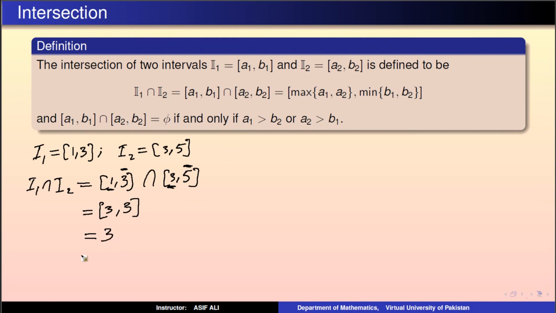So intersection of these two intervals is a single number 3. अब हम इसको ड्रा करते हैं. ये देखें ये 1 2 3 4 5. अब आप क्लियरली देखें हमारे पास I1 है (1, 3) and I2 is (3, 5) and their intersection is 3.